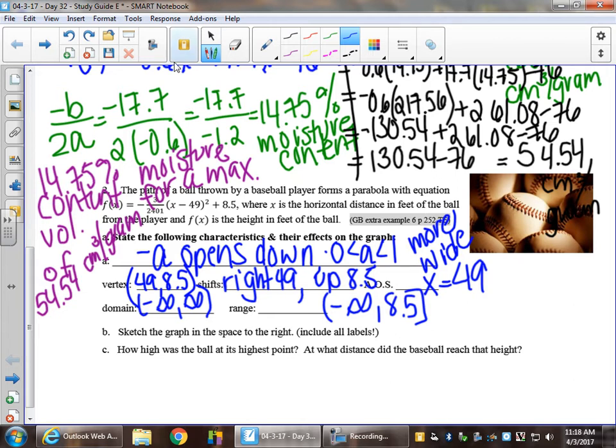Why? Because that's the floor. Because the ground is 0. We can't go underneath the ground. I mean, we can, but there's no huge holes and tunnels in the baseball field, because then you wouldn't be able to play. So your range would be 0 to 8.5, because we have to relate it back to the real world.